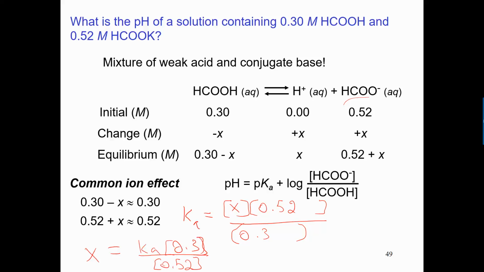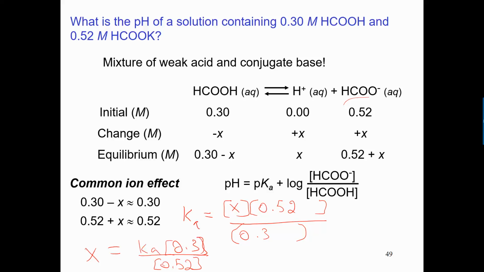And that would equal your x, and I could solve for the H plus, okay? But if I take the negative log of everything, then I have the pH equal to the pKa, and it would be minus the acid over the base. But if I say plus the log, then it's the base over the acid, and I invert that.